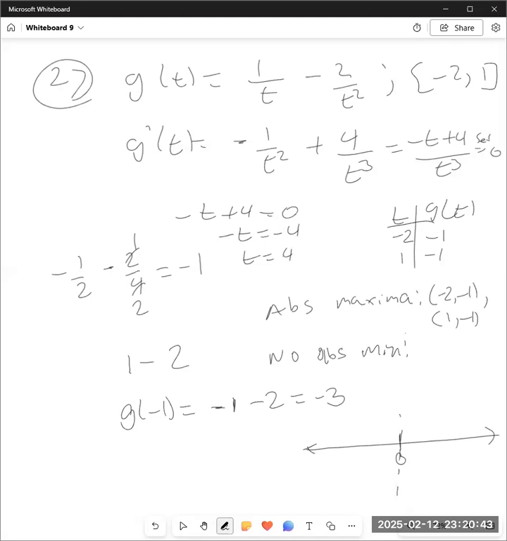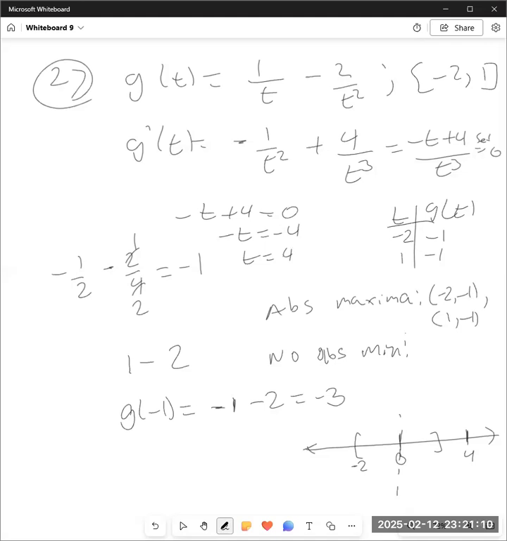Here's 0, and here's 4 somewhere over here. I'm only interested in the interval of -2 to 1 in my first derivative test. So pick something in here, -1, like I said, and stick it in.